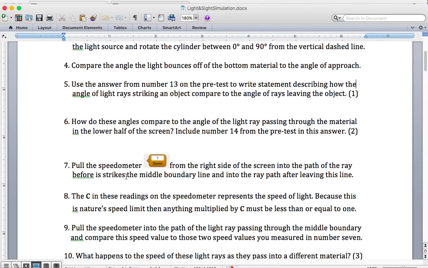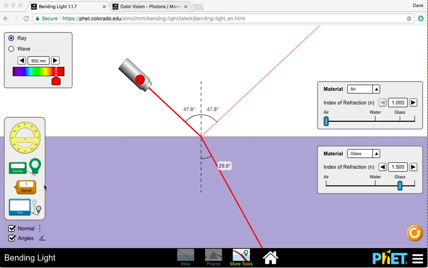I think I got a little bit ahead of myself, might have answered some of these upcoming questions. The next one is to pull the speedometer from the right side of the screen into the path of the ray before it strikes the middle boundary line and into the ray path after leaving this line. So this speedometer is measured in units of C. C is the speed of light, or it's how fast light goes when it's not traveling through any medium.